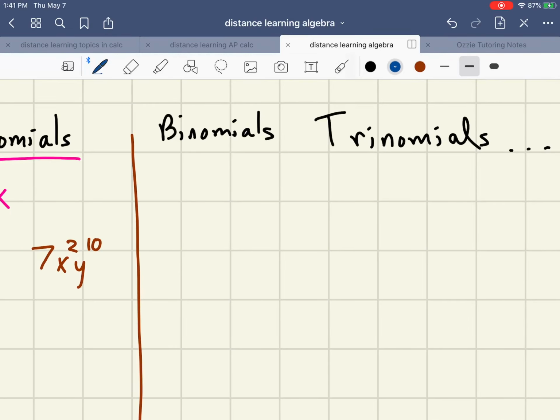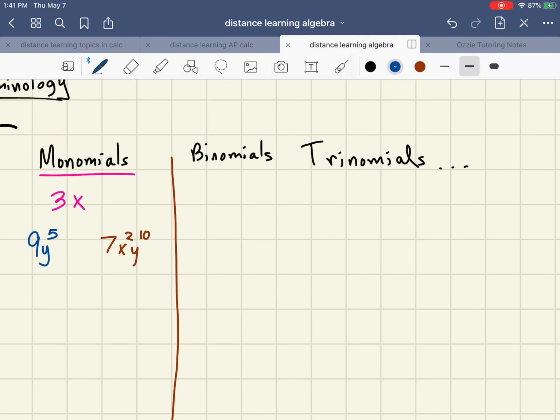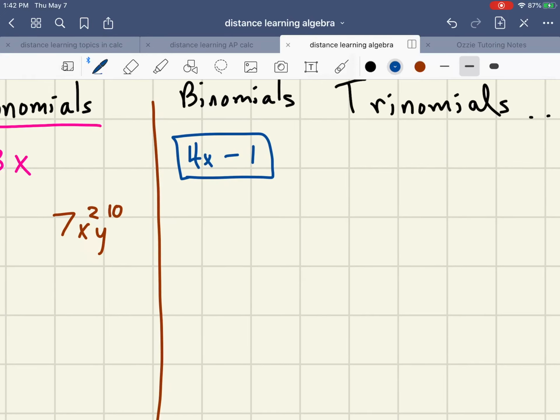Binomials are when we take two monomials and we either add or subtract them together. So 4x minus 1 is a binomial. 7xy plus 2y to the third is a binomial.